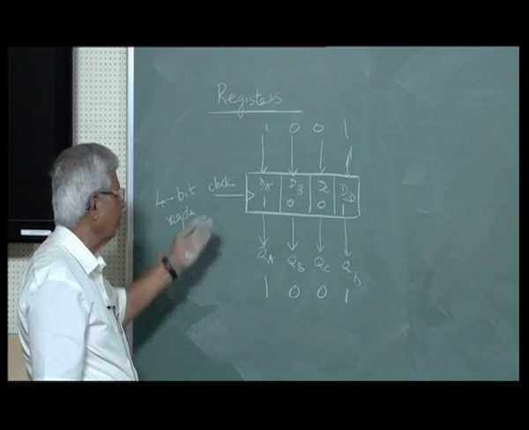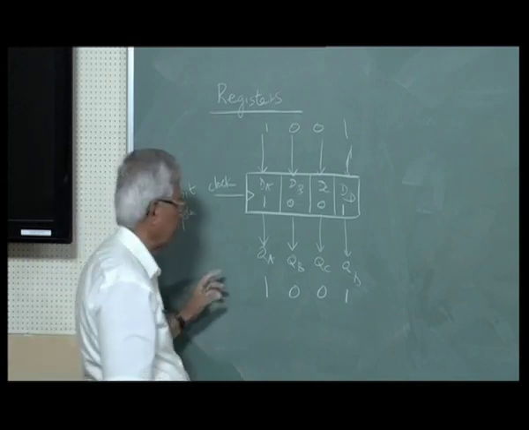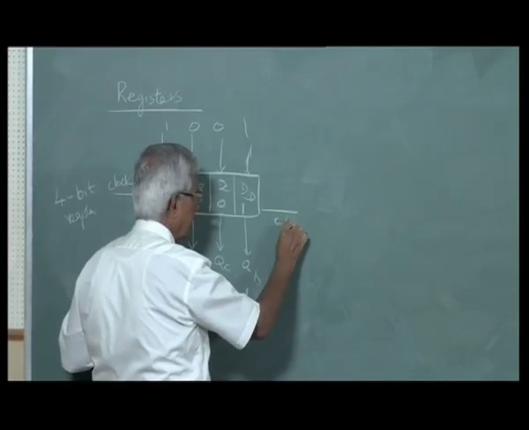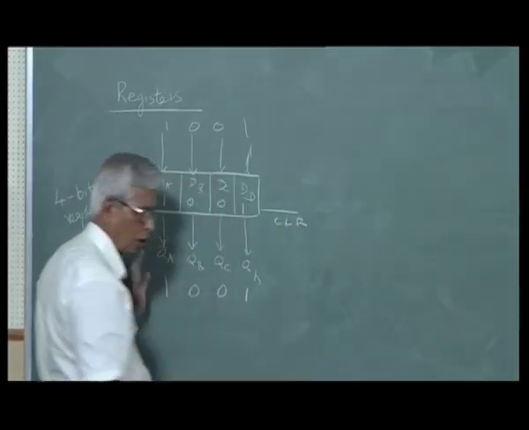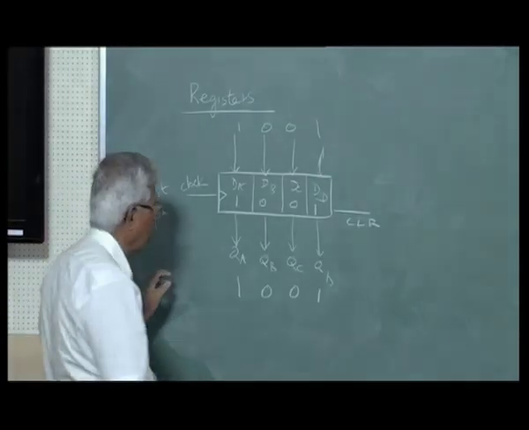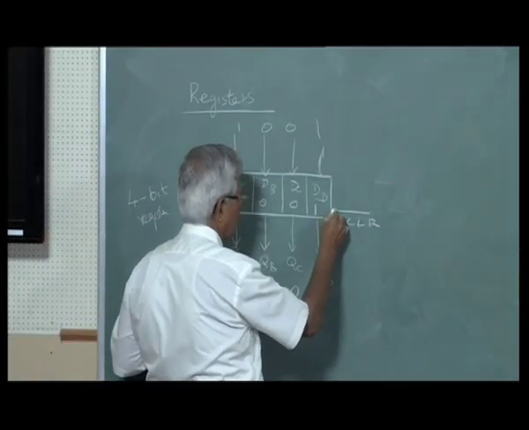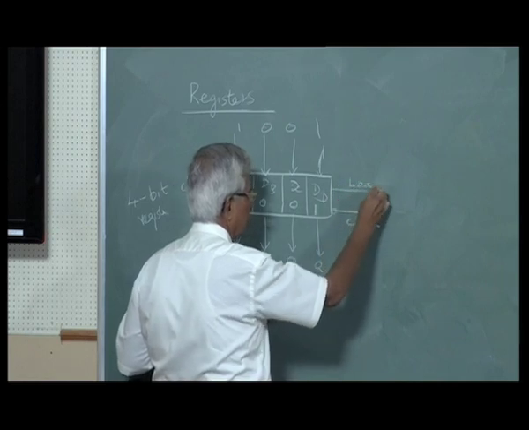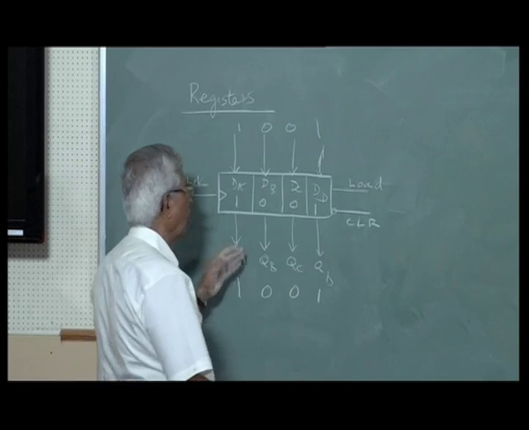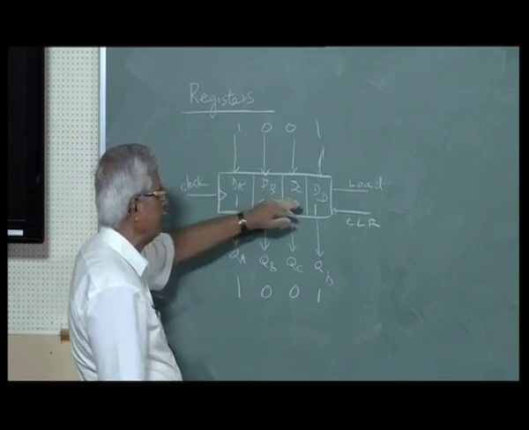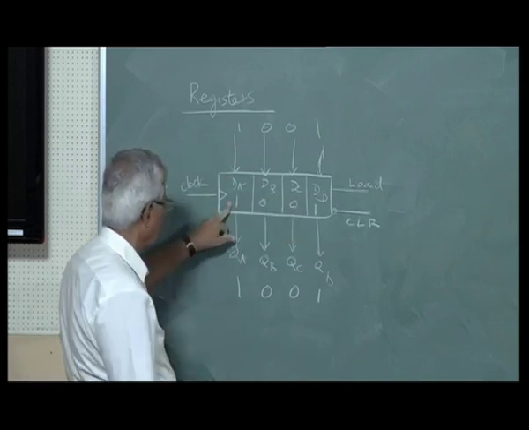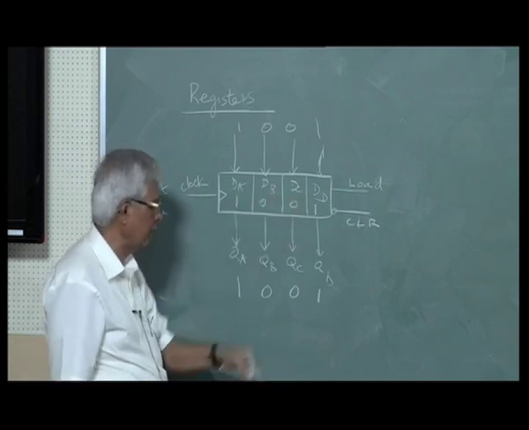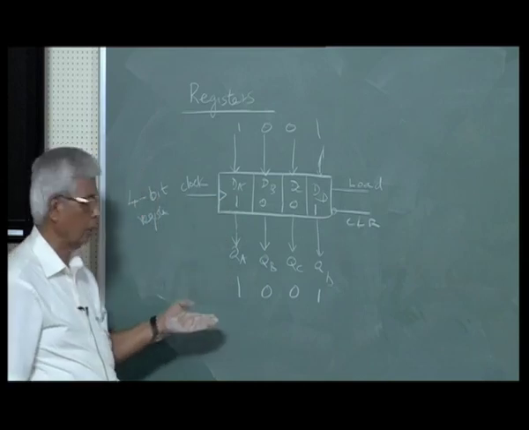So before you change it, you need 2 things. One is a clear. I may want to clear the register to 0000 to start with. Or I also have a load signal. The load signal loads the DA, DB, DC, DD values into the flip-flops, which are available at the outputs.